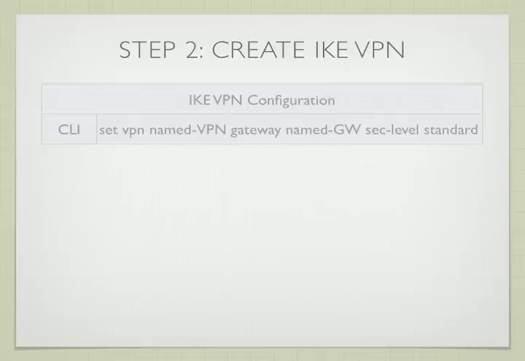And we're going to assign a cryptography package for the proposals, and we're also going to use the one called standard. If the standard parameters are not what we want, we can go into the proposal list for phase 2 and again create a custom proposal list that has exactly the parameters we need to negotiate with our remote gateway.